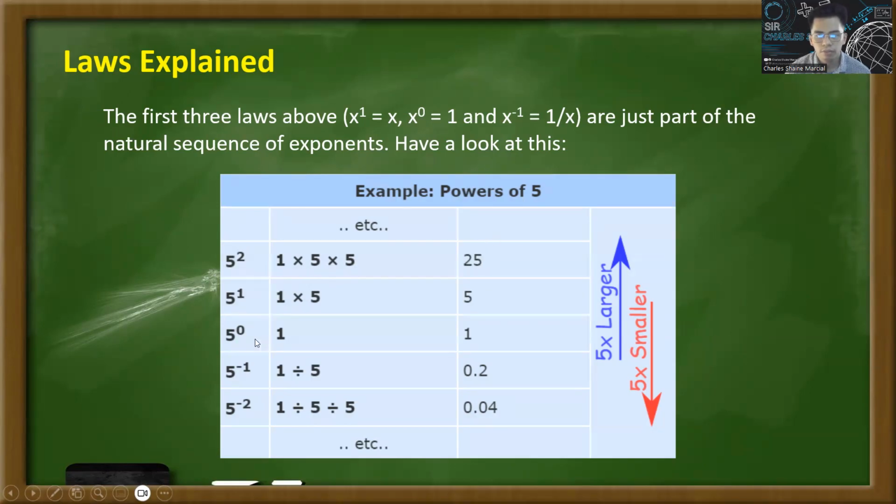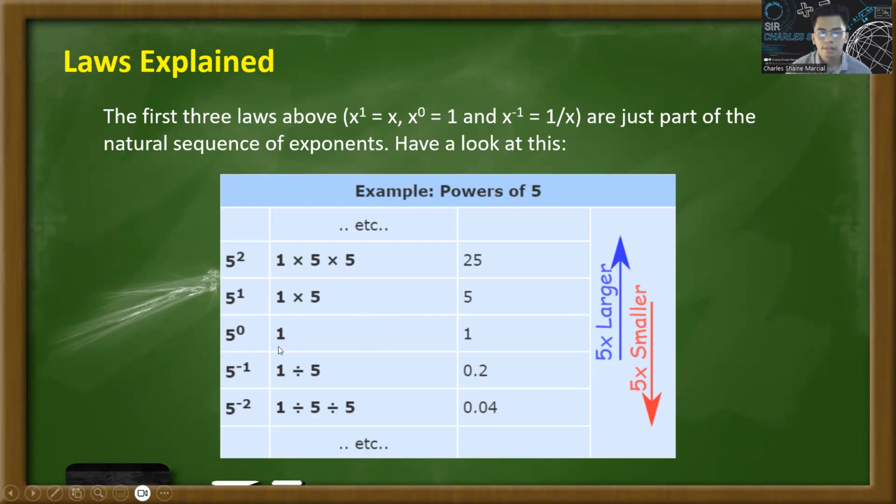So that is equal to 25. Kapag meron tayong nakikitang 1 na exponent sa isang number, ang sagot niya lang naman is yung number itself, kung ano yung base natin. Okay? Again, kapag may nakikita tayong 1 na exponent sa base, ang sagot niya lang naman is yung base.